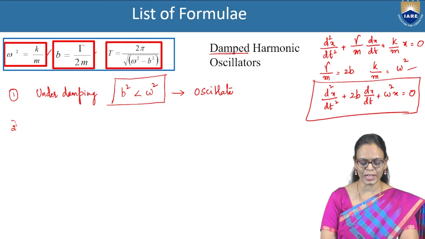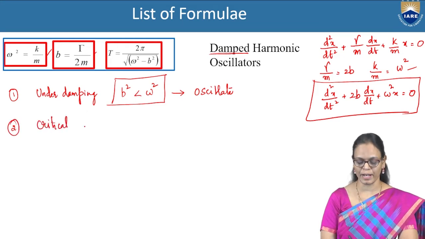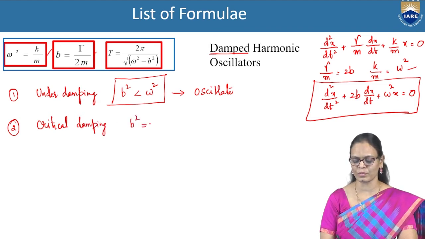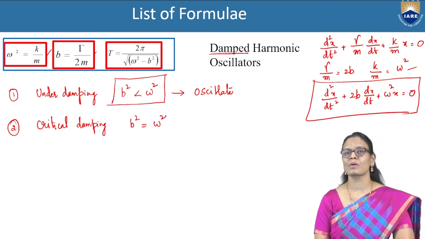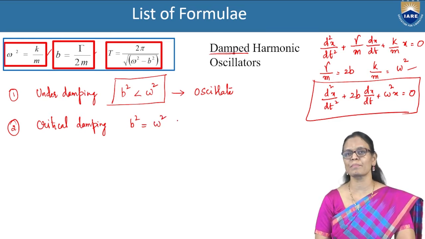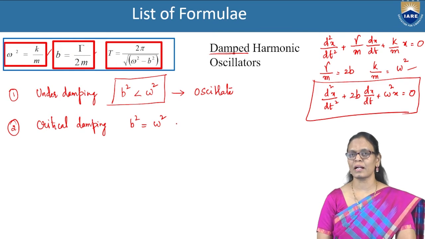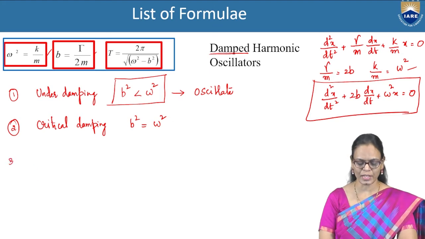So what is the condition for critical damping? For critical damping, b square should be equal to omega square. So in critical damping, the system is not oscillatory, but it will rapidly come to rest. Quickly it will come to rest. And the third case is over damping.